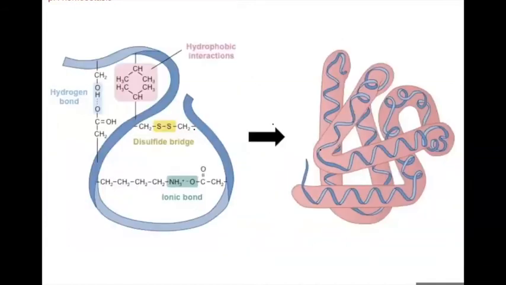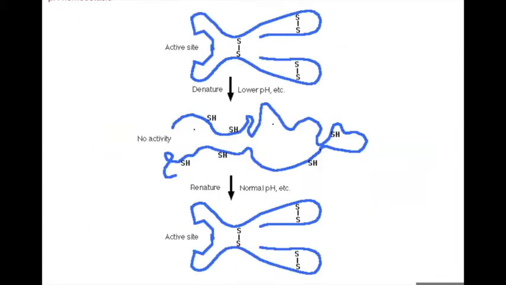This is because these proteins have those hydrophobic interactions, hydrogen bonds, and disulfide bridges. If you add too many hydrogen ions, they start interacting, in this case with those disulfide bonds, and break apart the shape.